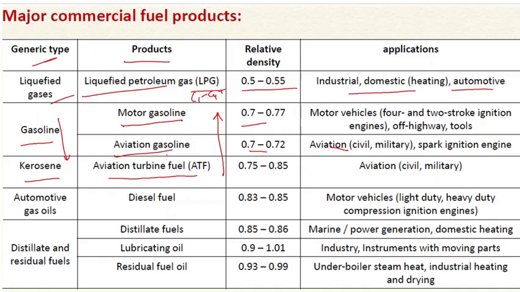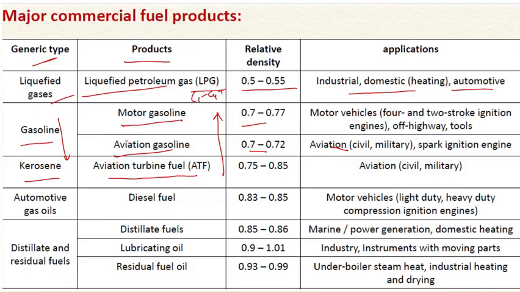Kerosene is basically used in aviation and in our domestic households. We sometimes use it in villages, you might have seen it, for lighting up lanterns. Sometimes kerosene is used for that purpose, but that is not advisable.